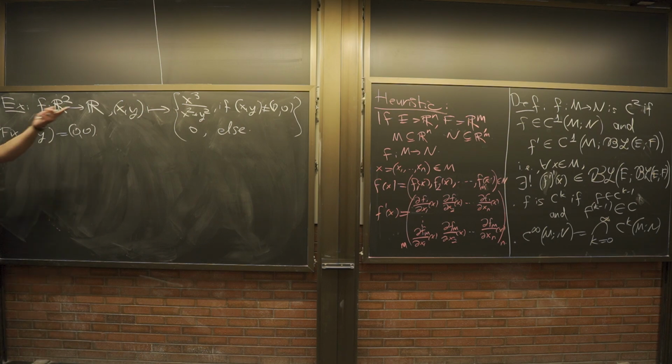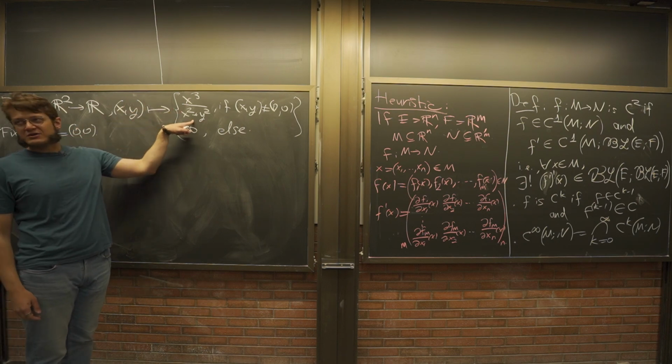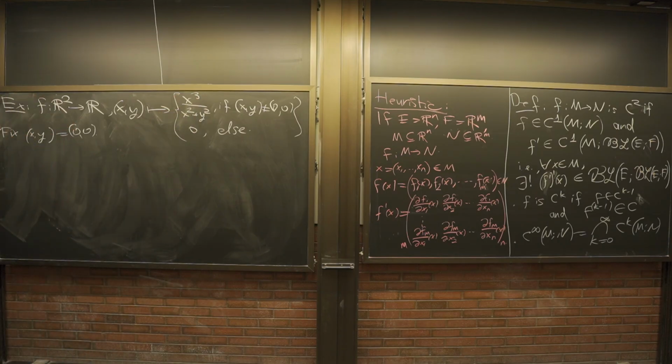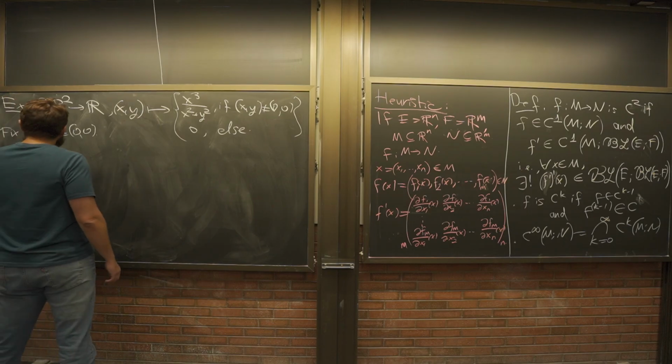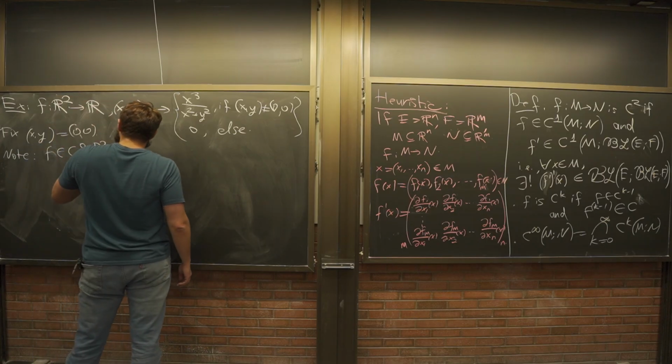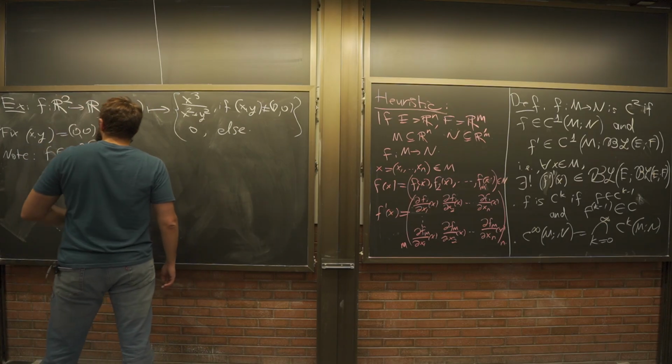Yes, because the numerator is of higher order than the denominator. It's going to decay faster. It's going to go to 0. So it is continuous at 0. In fact, it is continuous everywhere. And if I wanted, I could have written f is in C^0.